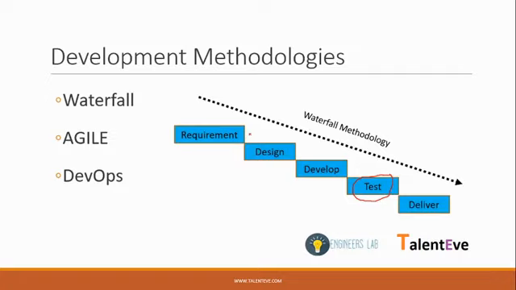Now DevOps is another methodology which can be said to be an extension of agile at a very high level, where the development and the operations teams are brought together to come up with a new strategy where you want to reduce the development cycle. We'll talk about that in the later videos.